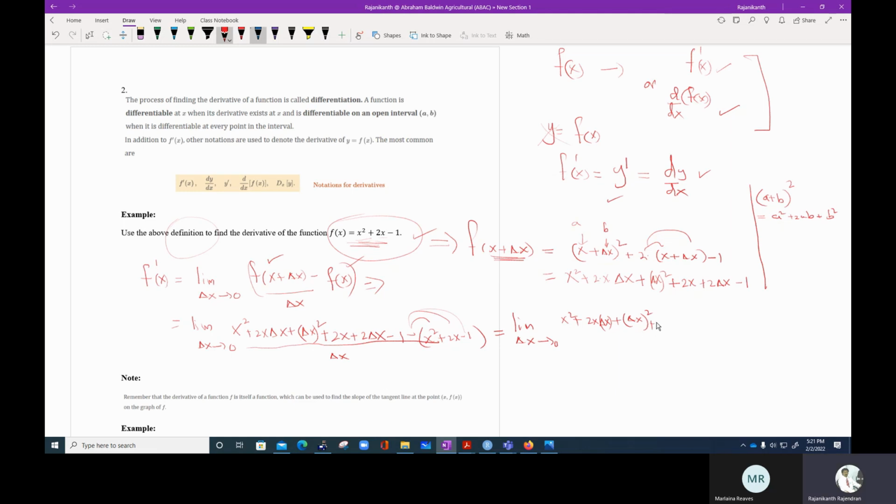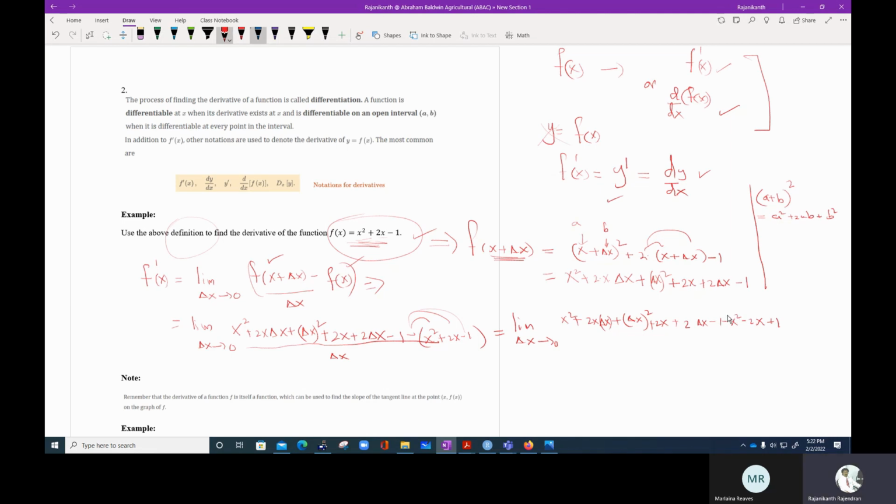Then you have 2x plus 2 delta x. Then negative 1, minus x squared, minus 2x, and plus 1. So you got that.